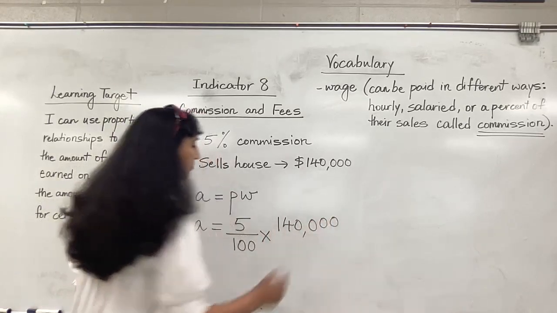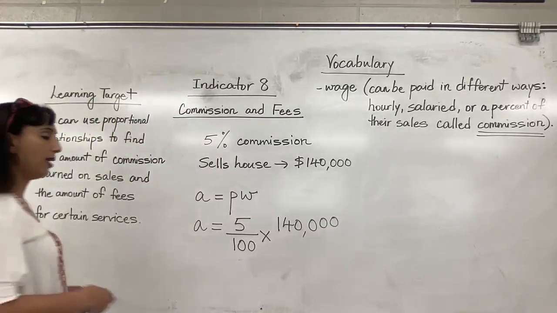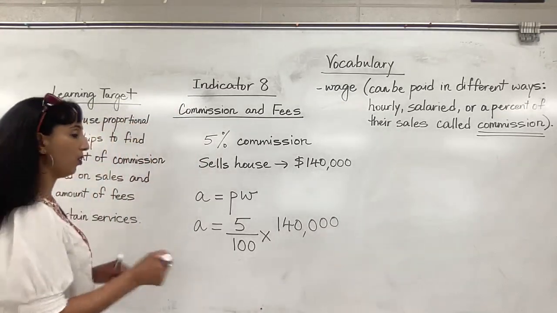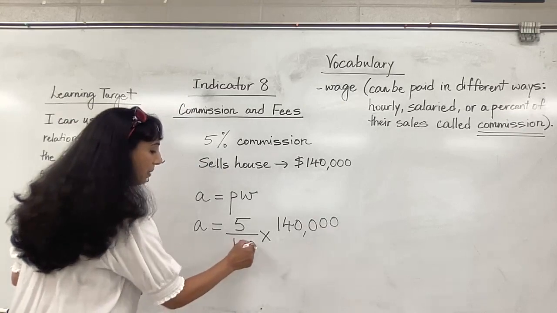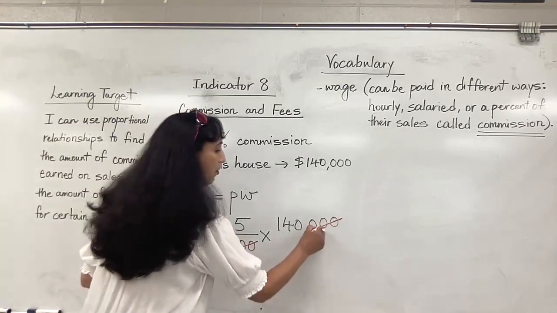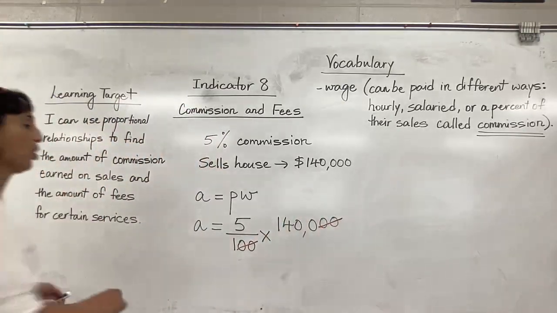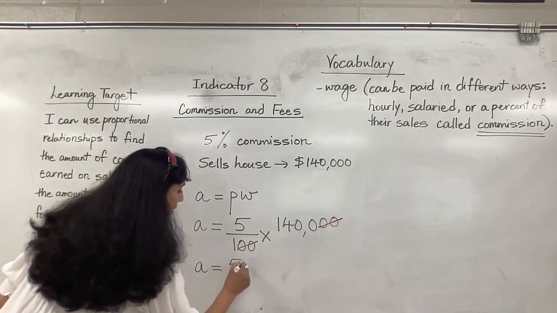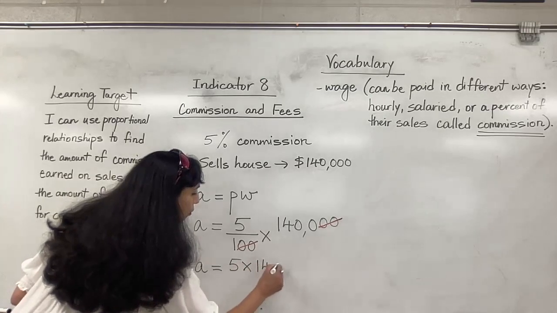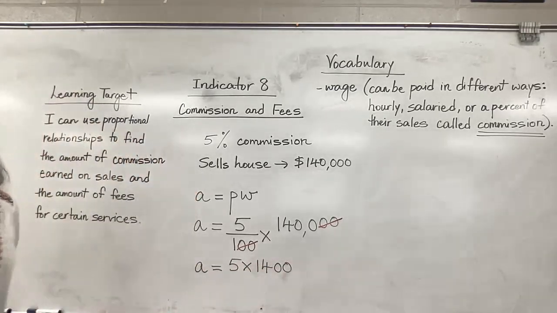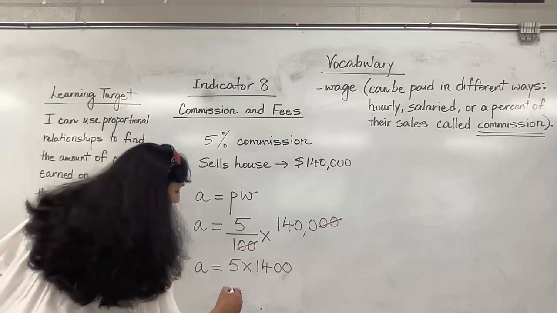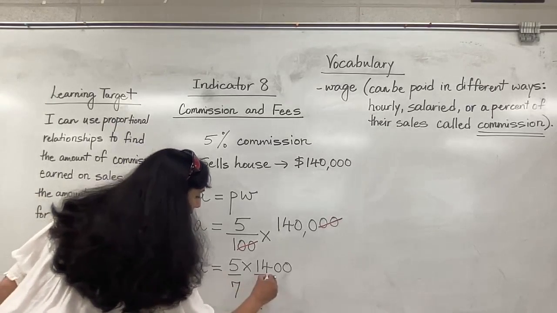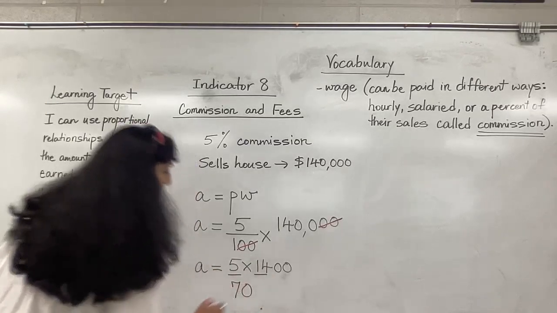$140,000, right? And when I look at this, I know that I am going to divide by 100. So I remove two zeros and I remove two zeros. And so I am left with A is equal to 5 times 1,400. And I know that 14 times 5 is 70.